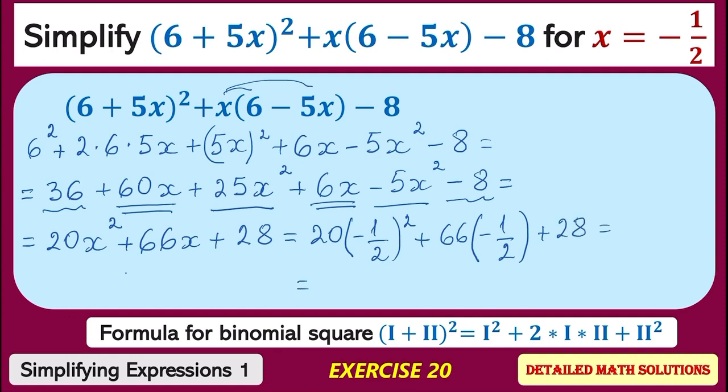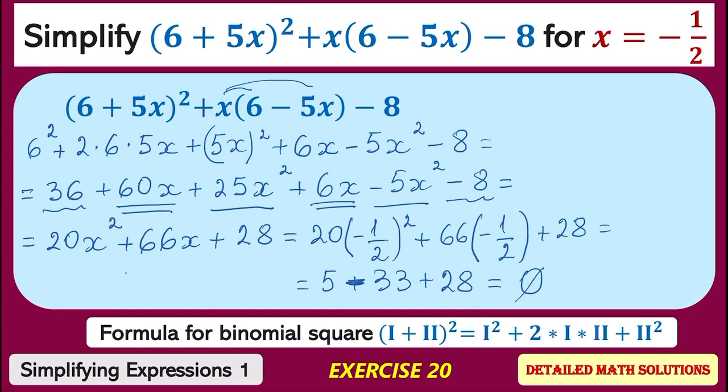When I calculate this, I get 20 divided by 4, or 5, plus 66 divided by -2 gives -33, plus 28. When I add all these three numbers, their sum equals 0.